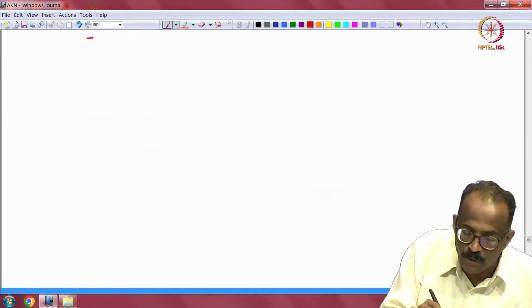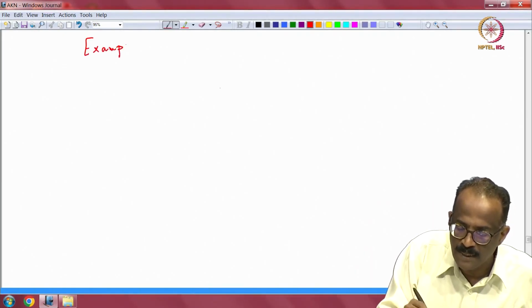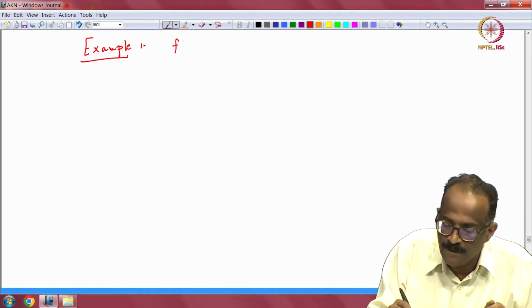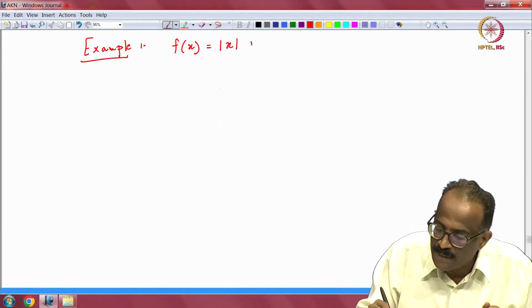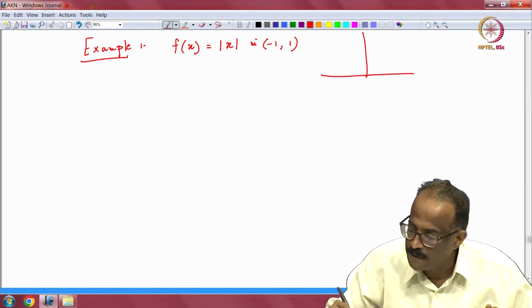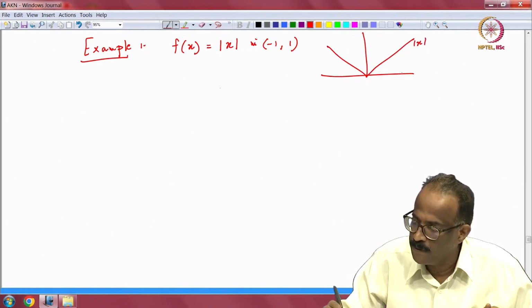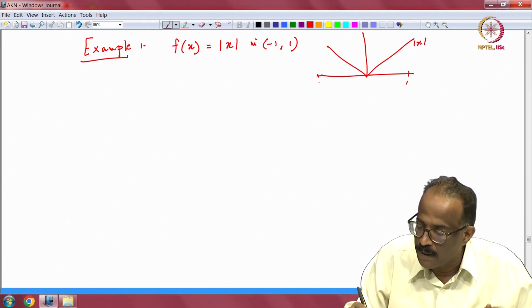Now you know the examples. Simple examples we can see. Consider this function f of x, which we have more or less done earlier, mod x, say on minus 1 to 1. This is your mod x, between minus 1 and 1.